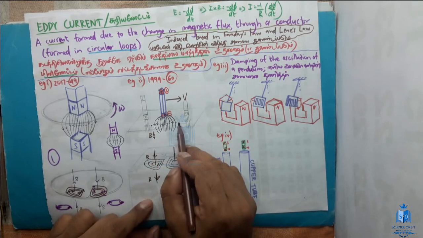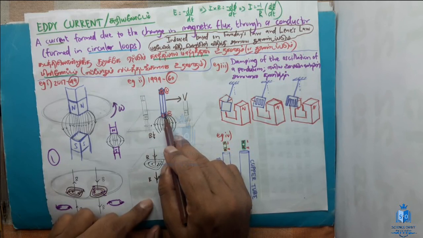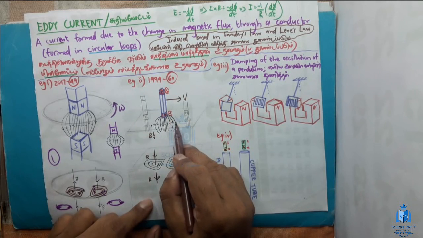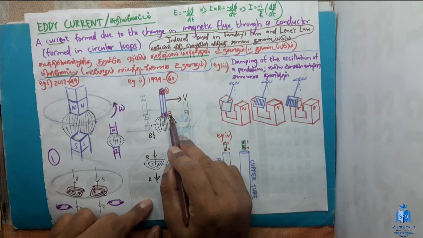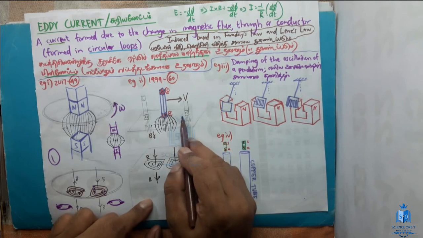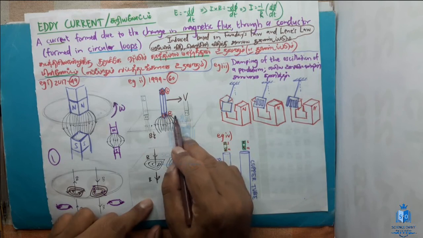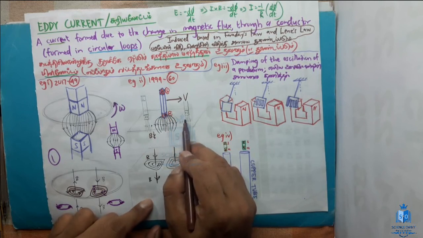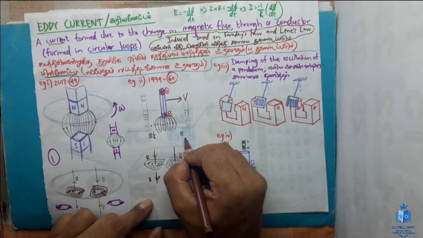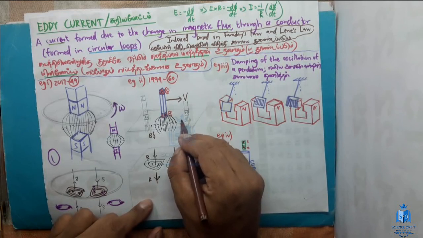Fine. And how about this point? If you take this point, initially when the magnet was here, it had lower flux. Now when the magnet comes closer to this point, it will have higher flux. So magnetic flux is increasing at this point. So we have to oppose it, then we have to reduce it.